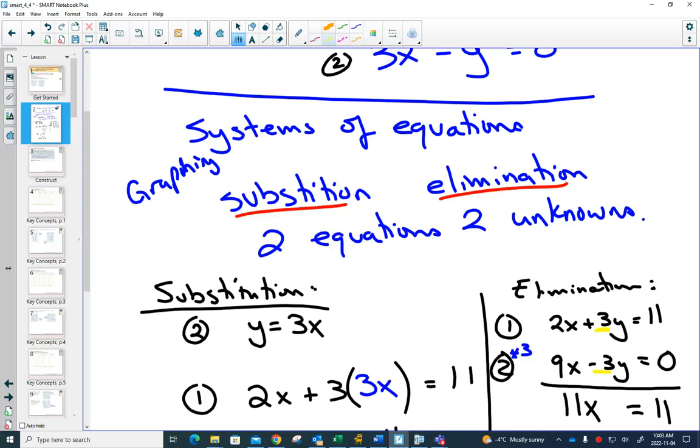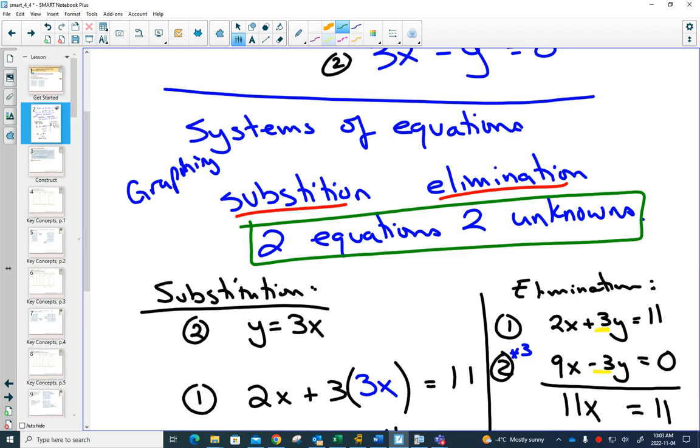So we review our systems of equations. The key, the way I like to think of this, if I have two things I don't know, x and y, and I have two equations, then I can use this technique. But if you don't have two equations, you can't do it.